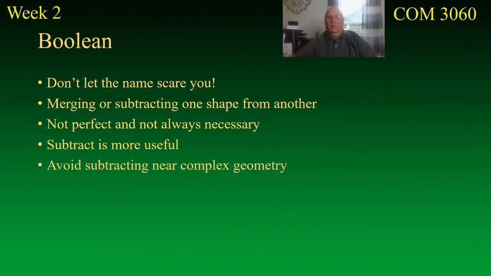And what I want to warn you ahead of time is that this isn't perfect. Avoid subtracting near complex geometry. The Boolean subtract feature can be annoying. Sometimes you have to play around with it. You've got to dicker with it. If you try to subtract it, sometimes you'll get impossible geometry, or sometimes a surface will disappear. And when that happens, you may have to go back and start moving points around to see if you can get the surface back.